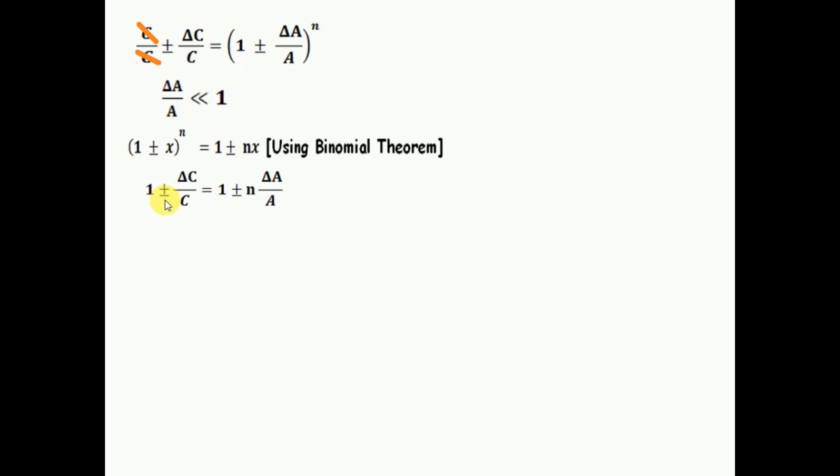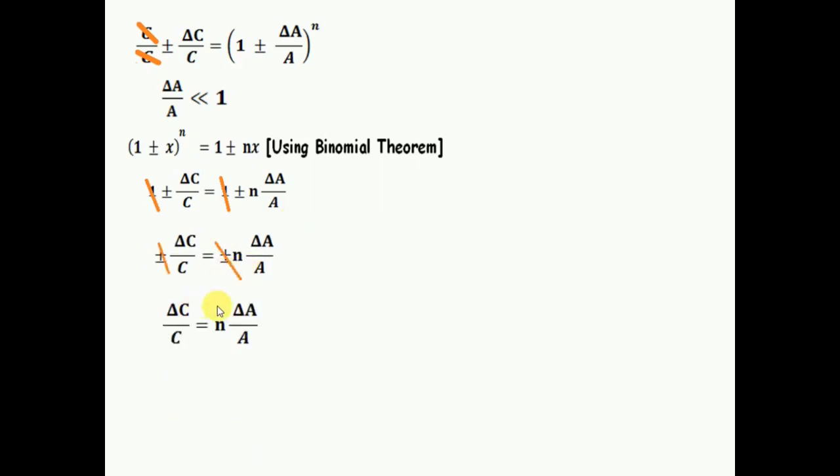So I can write 1 plus minus delta C by C is equal to 1 plus minus n delta A by A. 1 gets cancelled, and I can cancel this plus minus also.